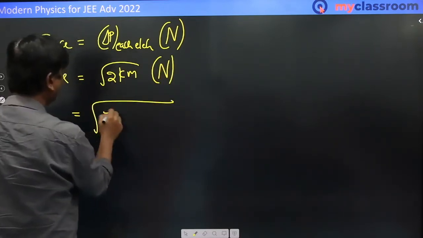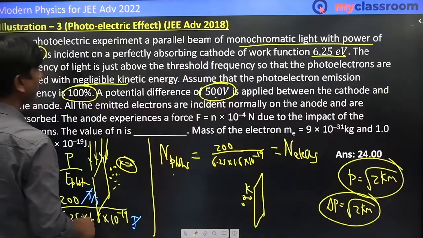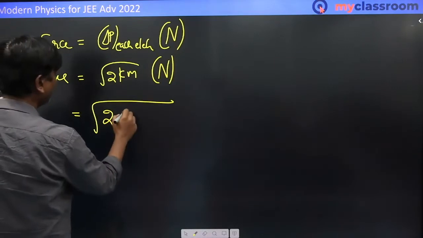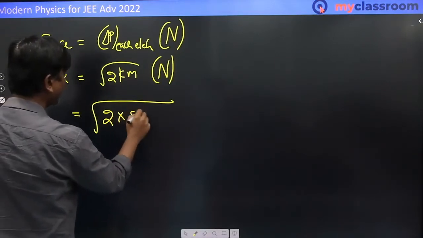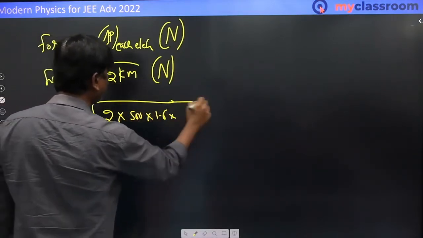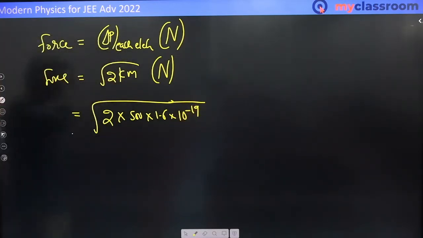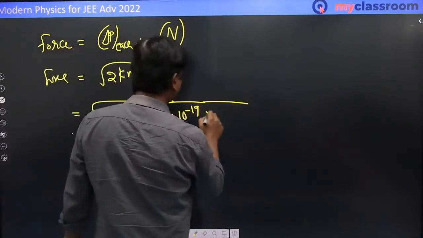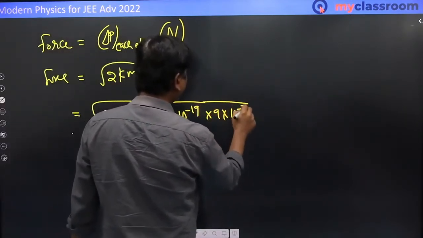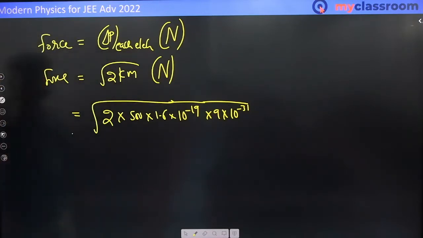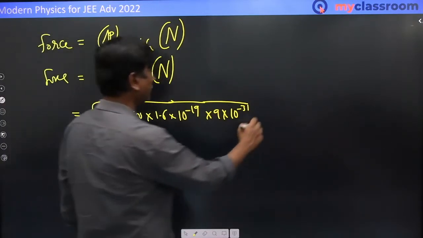So 2 into kinetic energy, 500 electron volts, so you can write 500 into 1.6 into 10 power minus 19, into the mass of each electron, 9 into 10 power minus 31. That is the momentum, into the number of electrons, n.